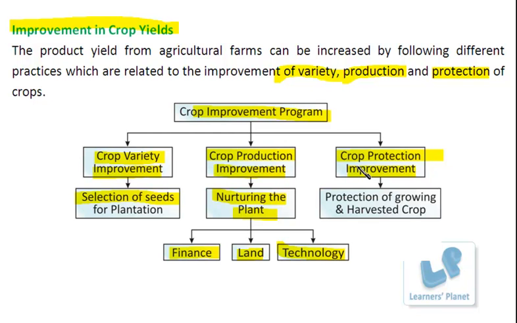So that should be protected. Besides that, if the crop is protected on land, further when harvested, it should be stored properly so that the protection is maintained. So this is how the three different fields are there where the improvement is required. Now let us see how each type of improvement is done.